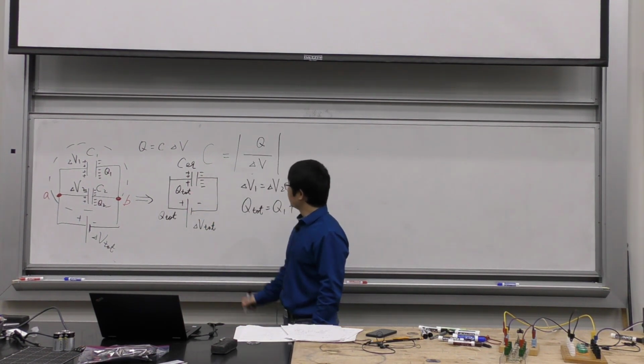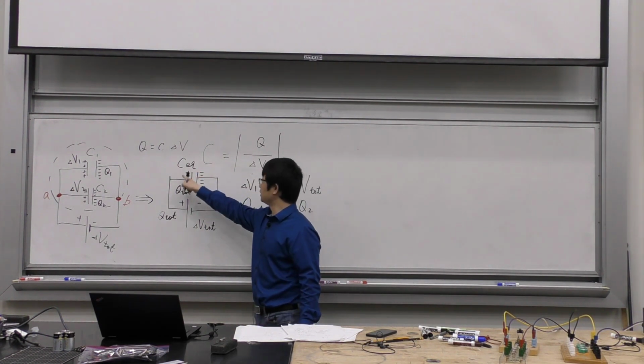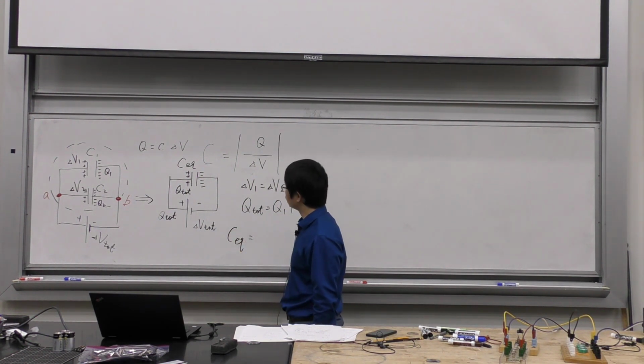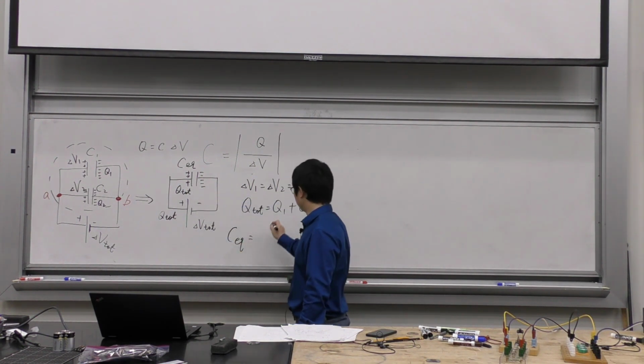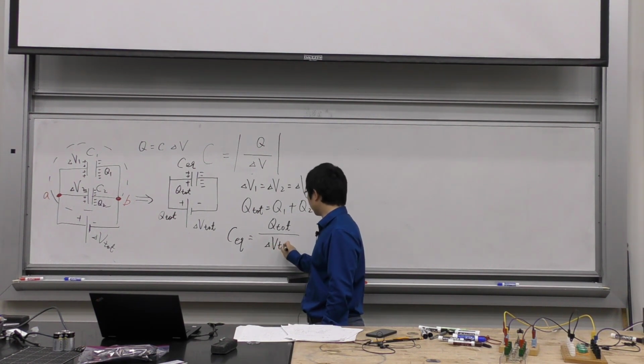So using the relation between CEQ and V, CEQ is equal to the charge on each plate, which is Q total. It gets all the charge from the battery because it is the only element in this circuit. It also gets the whole voltage from that battery.